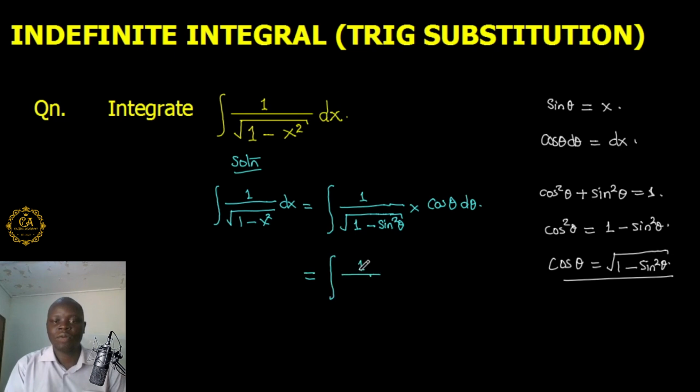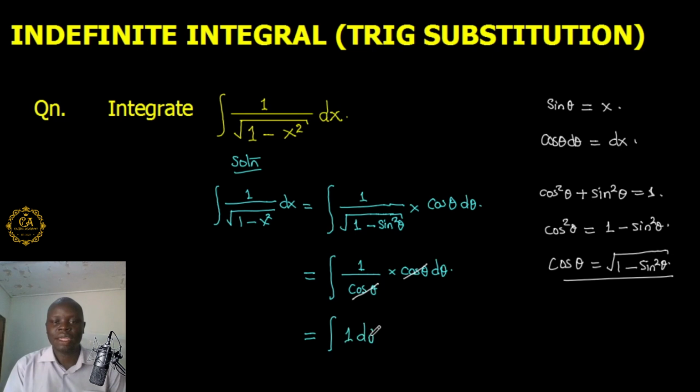So we have 1 divided by cos theta, and we multiply this by our original cos theta d theta. Now having written this, we'll notice that the cos theta from the denominator and this one will cancel off, and we're only left with 1 that's going to be integrated with respect to theta.